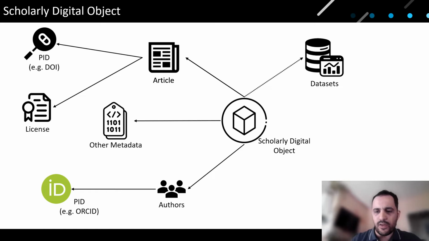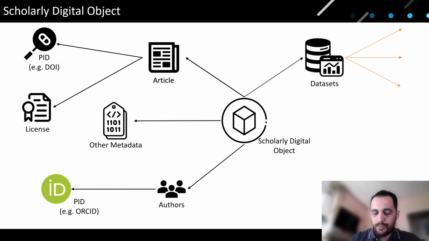For some disciplines such as data science, machine learning, also medicine, there are also data sets which are associated to the scholarly object, either data sets which are introduced in the article itself or existing data sets that are used in the study described in the article.